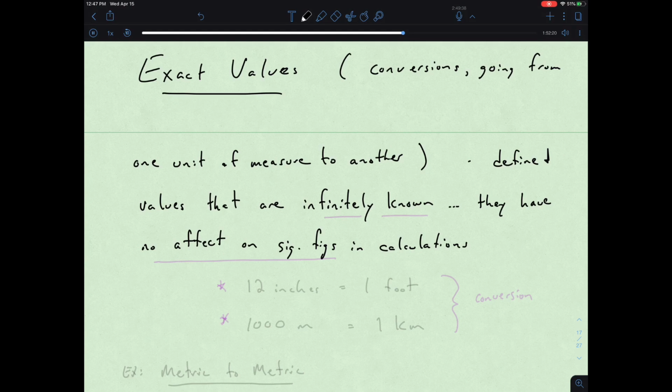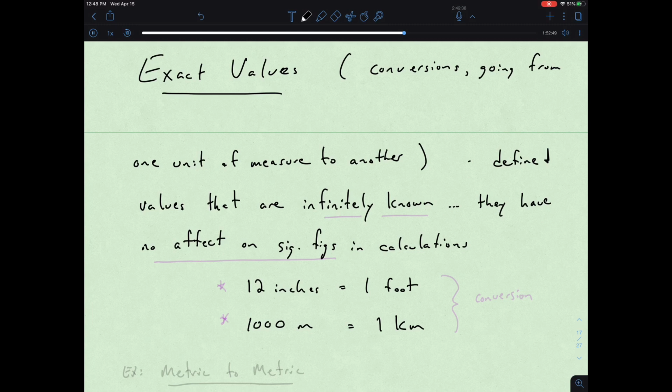Some examples of that would be, well, there are 12 inches in 1 foot, right? That would be an American or English type thing. We then have, same idea, but more in terms of metric: 1,000 meters equals 1 kilometer.